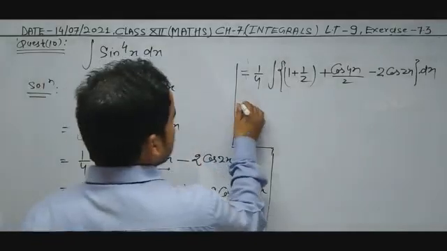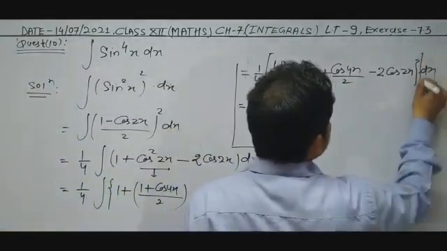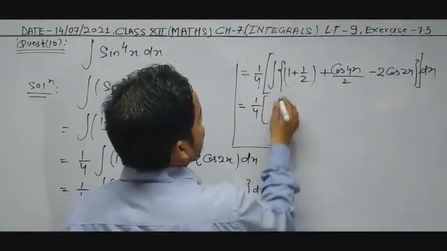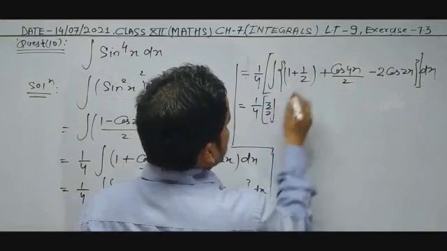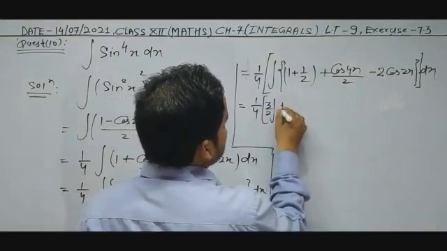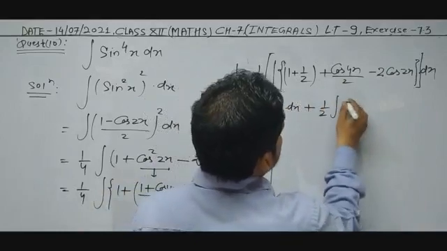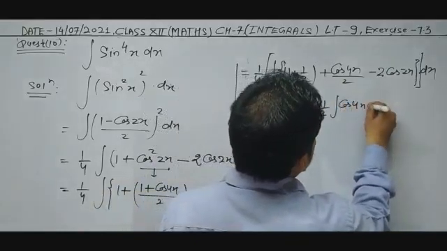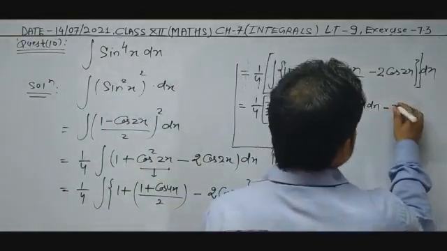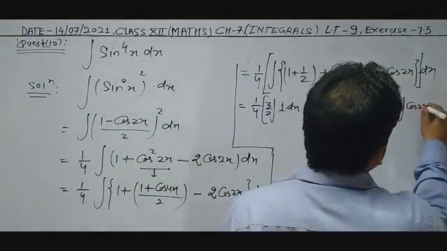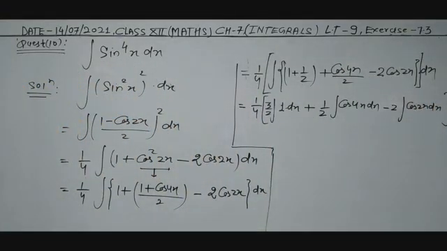Now you can write 1 by 4. This result is integration of, this calculation will be 3 by 2, so 3 by 2 will be outside, 1 dx plus 1 by 2 integration of cos 4x dx, and now minus 2 times integration of cos 2x dx, square bracket closed.